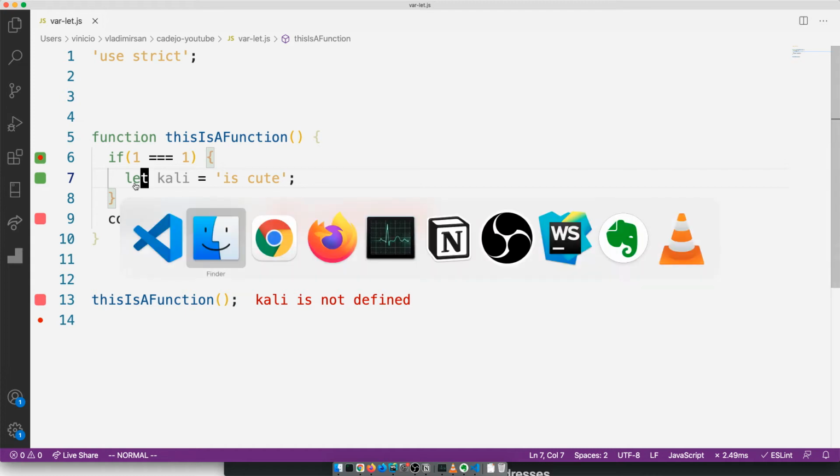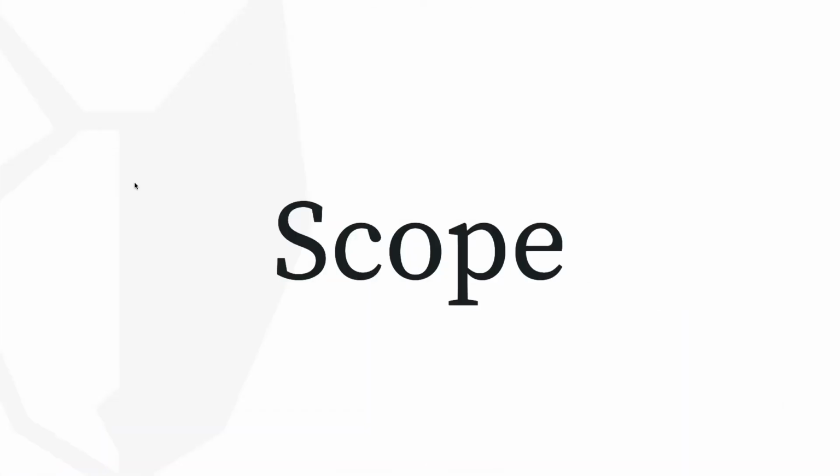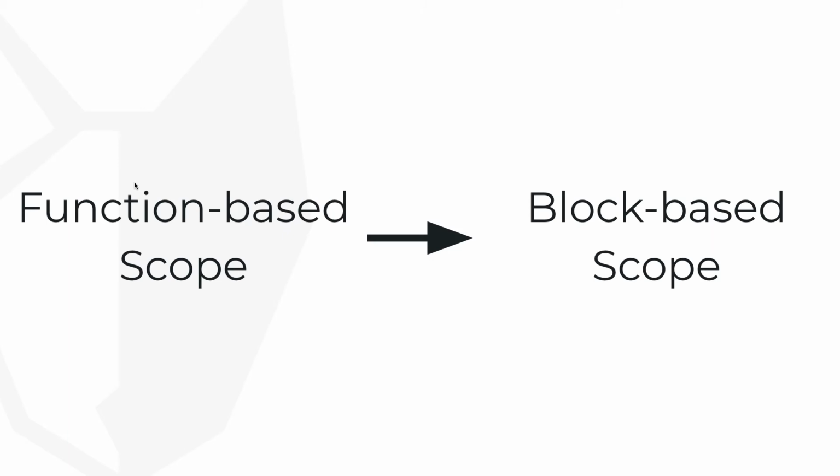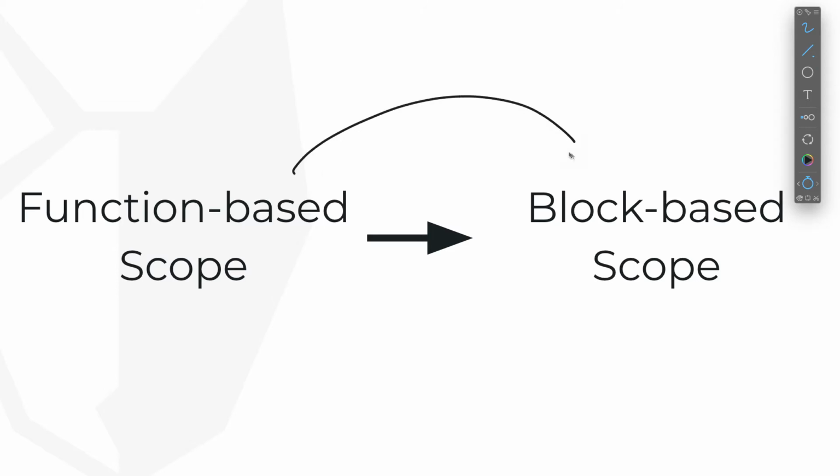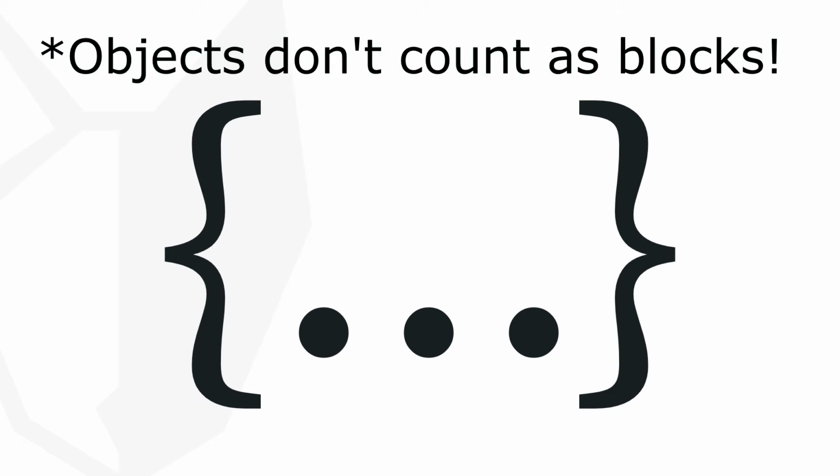Let me go back to my presentation and we can see right here how we're going from function-based scope into block-based scope. And the question now becomes, what is a block? So basically a block is everything that you can imagine that goes inside brackets in JavaScript.